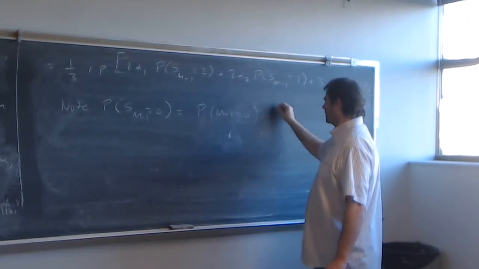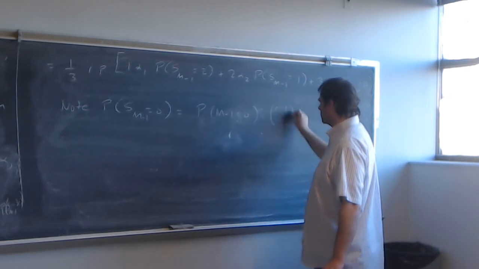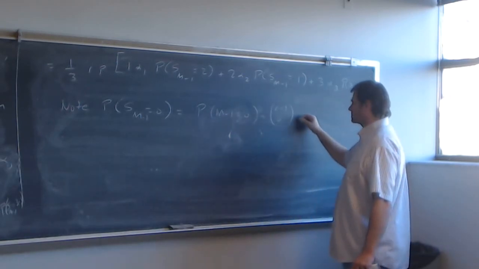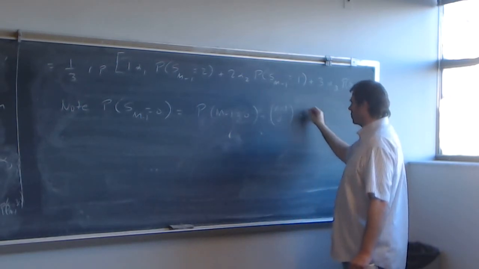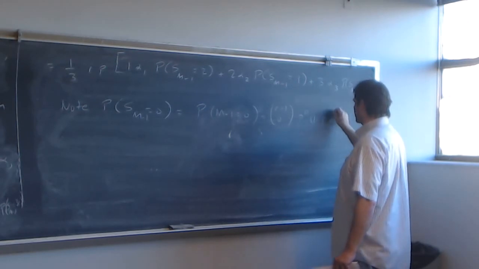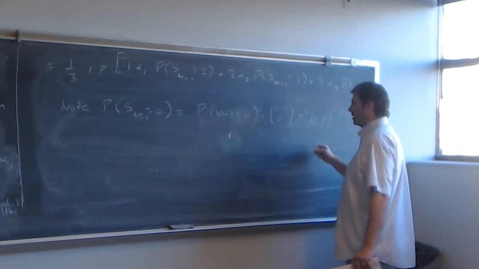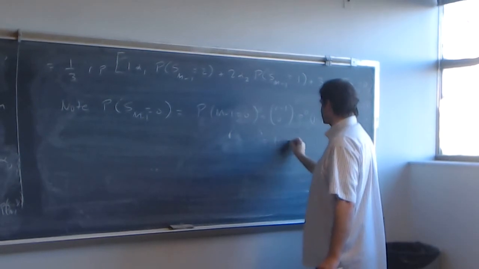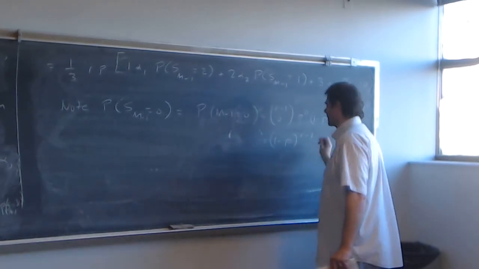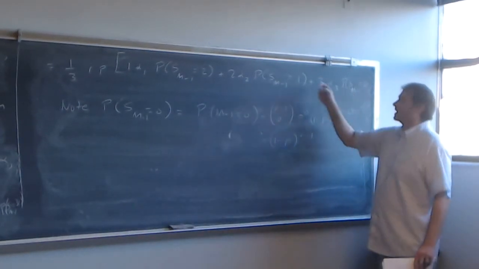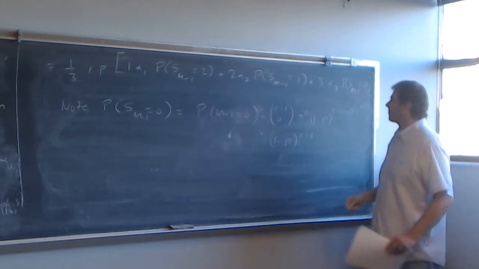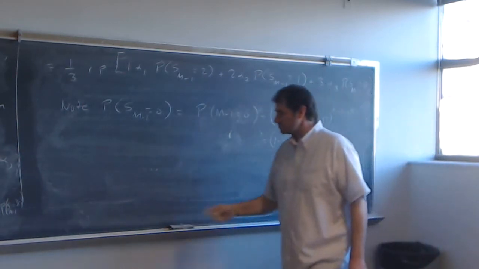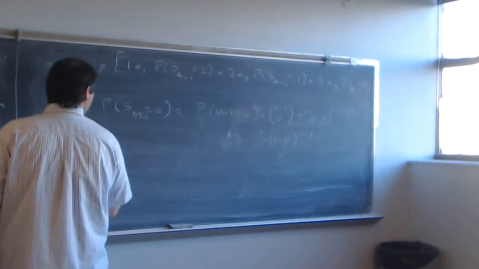So what would this be? This would be r minus 1 choose 0, p to the 0, 1 minus p to the r minus 1 minus 0, and that's just equal to 1 minus p to the r minus 1. Yes, I got one of them.